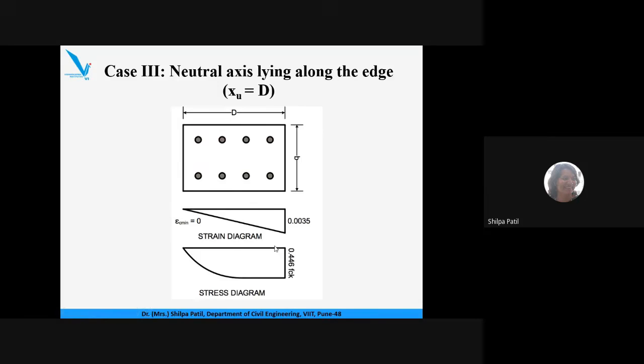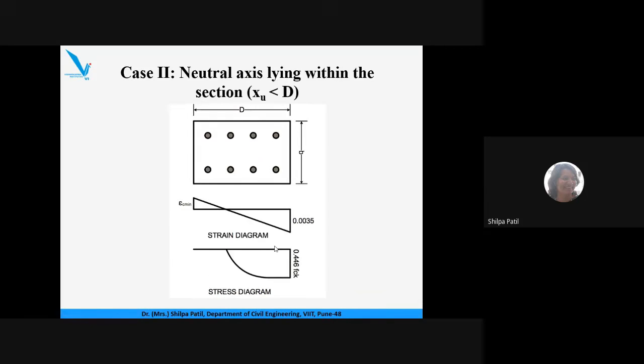This is the third case, and the fourth case is the one in which the eccentricity is much more increased. Because of that increased eccentricity, the moment acting on the column is also high, and in that case a sufficient amount of tensile stresses are also developed in the column. So the strain diagram is also triangular here, but it is of double triangular nature. It is a lower triangle and an upper triangle; normally one portion represents the compressive stresses and the other represents tensile stresses.